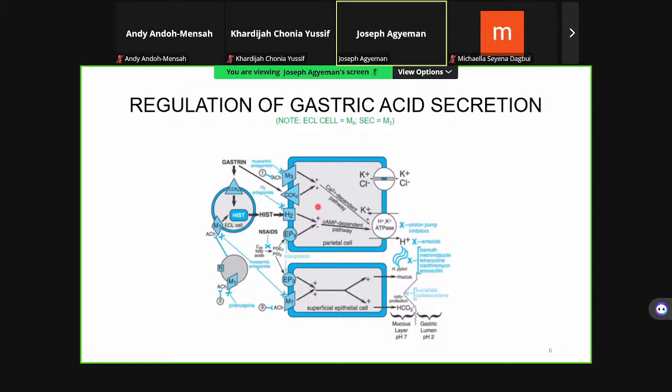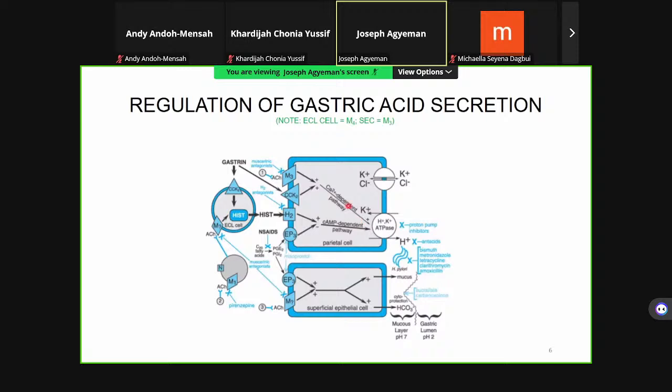Within the parietal cells, you have what we call the hydrogen potassium ATPase. The hydrogen potassium ATPase is the main route through which acid will leave the parietal cell, and when acid leaves, it exchanges with potassium.